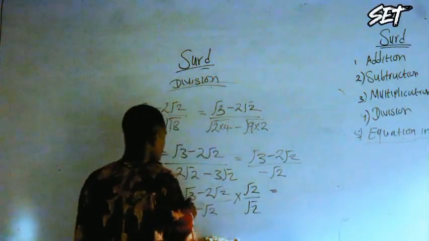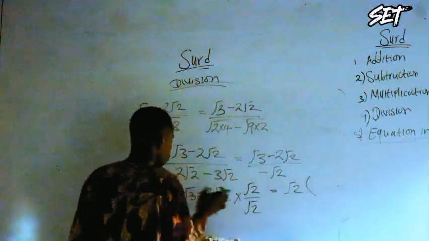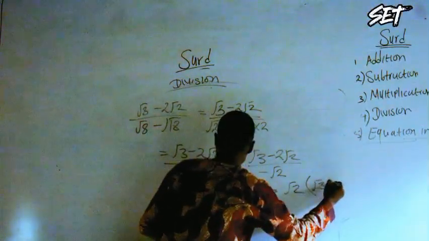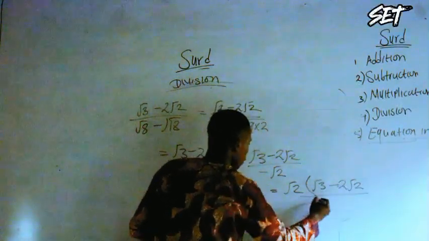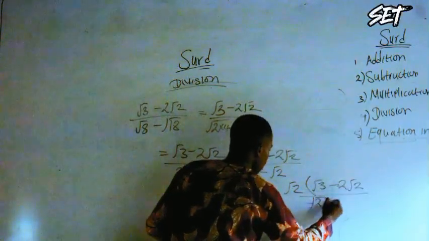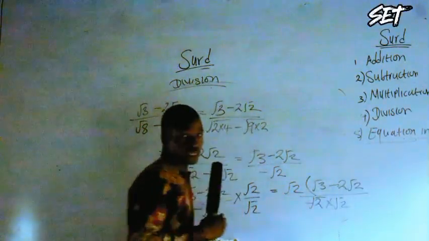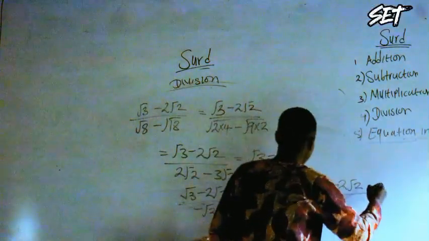Who can give me the answer? You now said root 2. This is root 2 bracket this one. Root 3 minus 2 root 2 all over minus 2 root 2 times root 2. Now, can you give me the final answer? This one will now be what?